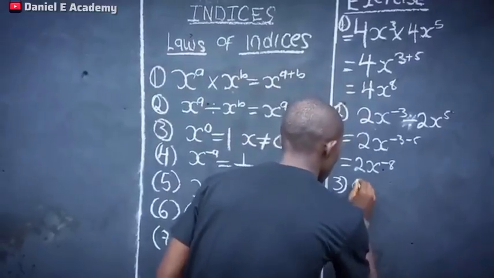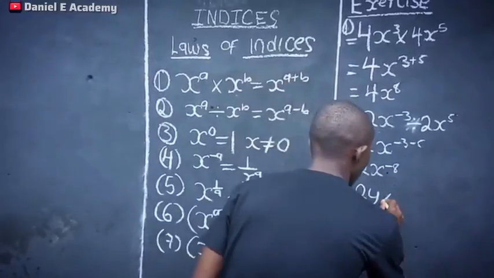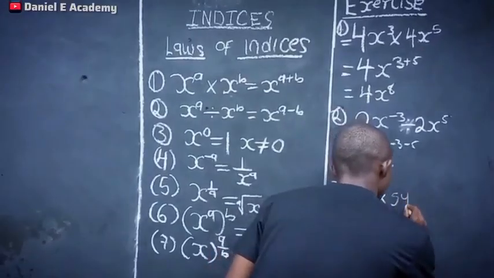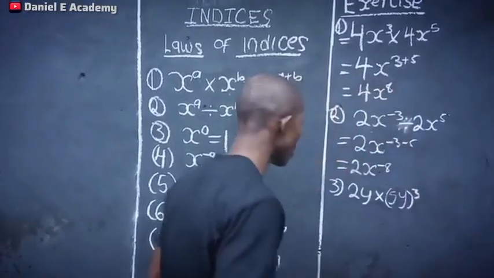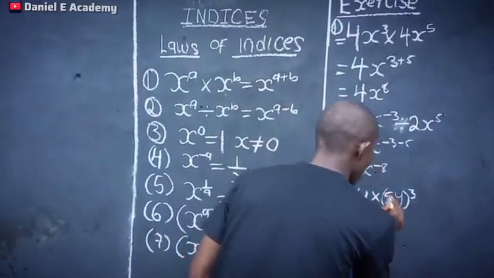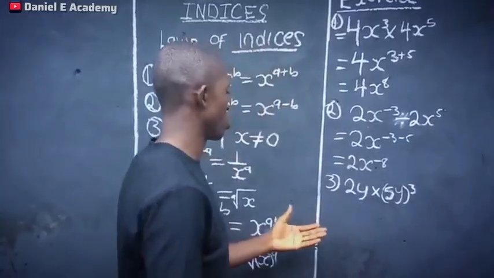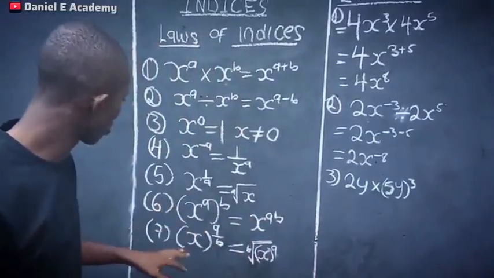So we should still try more examples, which is example 3. Let's try 2y multiplied by 5, in a bracket, power 3. You'll be asking, oh, we should just multiply. No, let's come back to our laws.